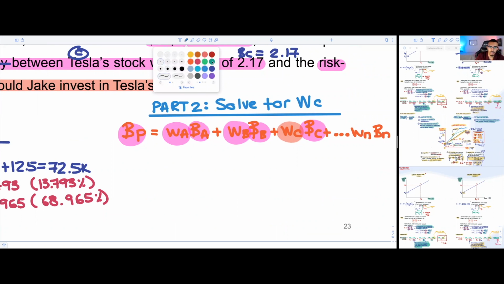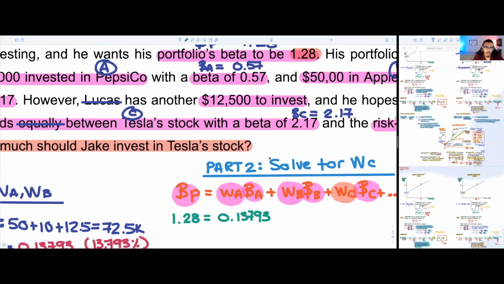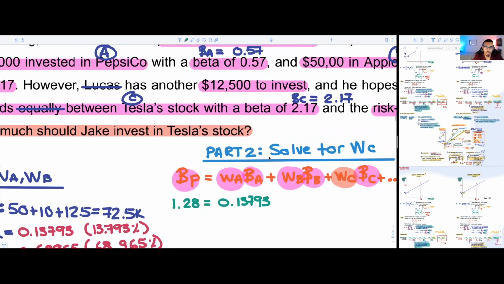Okay, that should be pretty clear by now. We know that we're seeking a portfolio beta of 1.28. That's what we're going for. And we know that our weight for A, if we take a little step to the left, is going to be equal to 0.13793 times the beta of A. If we go back, we know that the beta of A is 0.57.